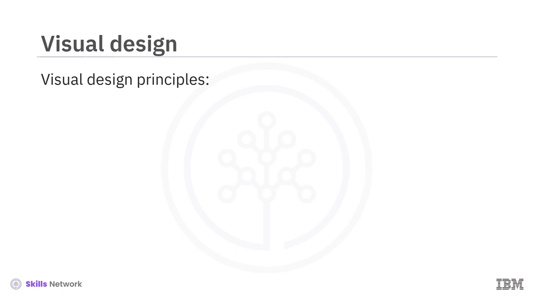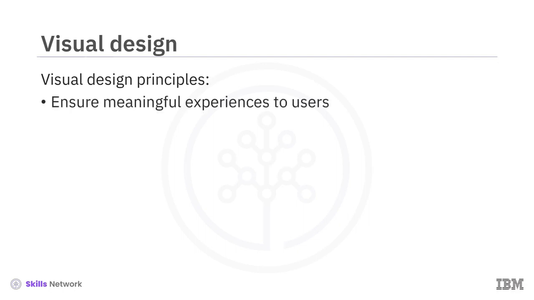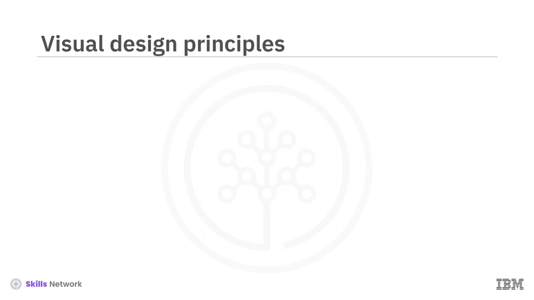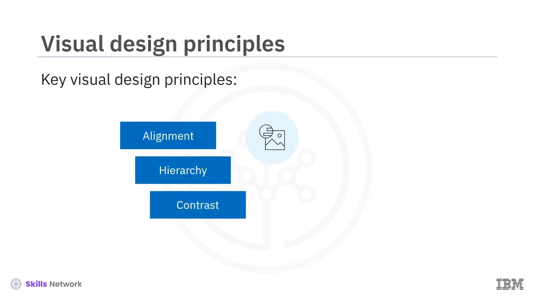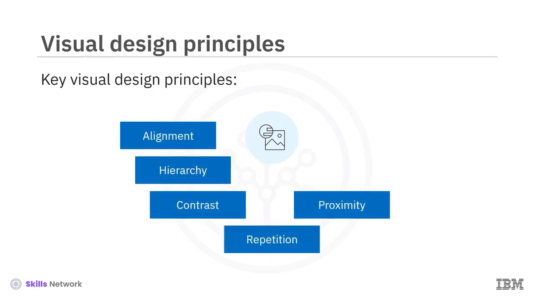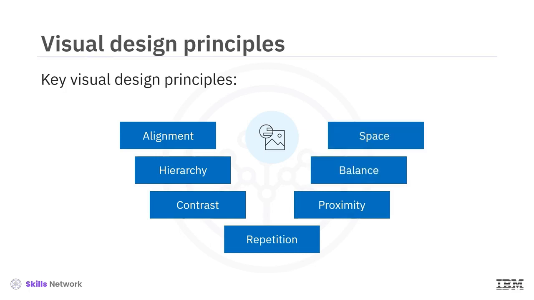Therefore, visual design principles play a crucial role in delivering meaningful experiences to users, acting as guidelines for developers to adhere to. There are some key design principles that UI and UX designers must consider when developing a UI. These include alignment, hierarchy, contrast, repetition, proximity, balance, and space.